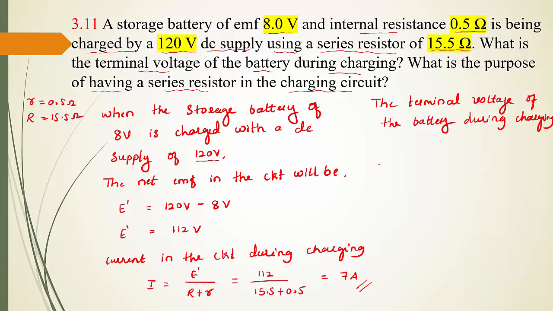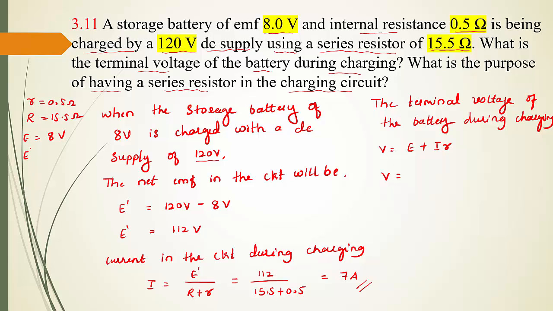What is the formula for terminal voltage? We know the equation V equal to E plus Ir. Substitute the values: remember E indicates the EMF of the battery, that is E equal to 8 volt.